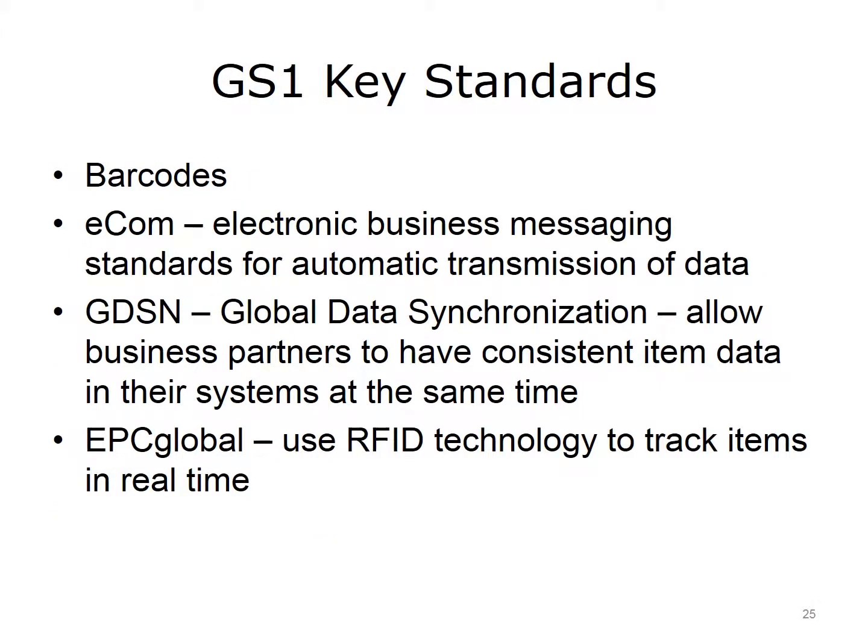Key GS1 standards include barcodes, ECOM, Electronic Business Messaging Standards for Automatic Transmission of Data, and GDSN, Global Data Synchronization, which allows business partners to have consistent item data in their system at the same time. EPC Global uses RFID technology to track items in real time.